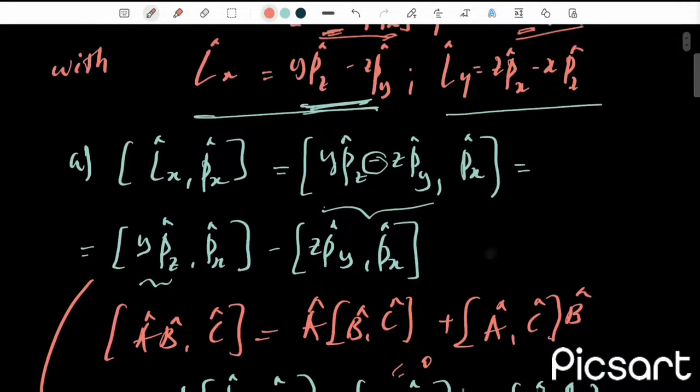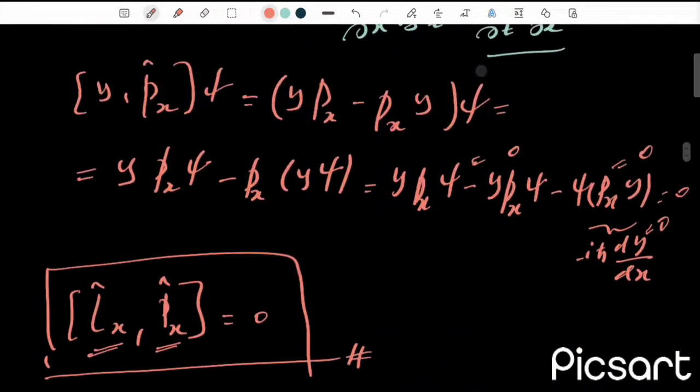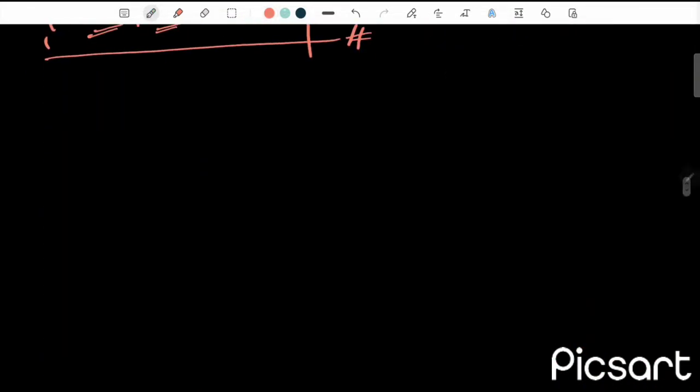Okay, we go on solving the last exercise, which is the commutator between the x component of angular momentum and the y component of the angular momentum.